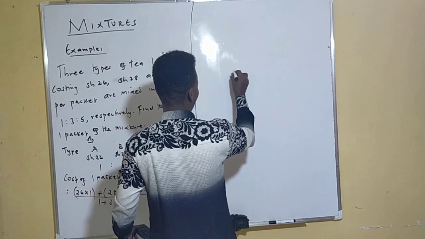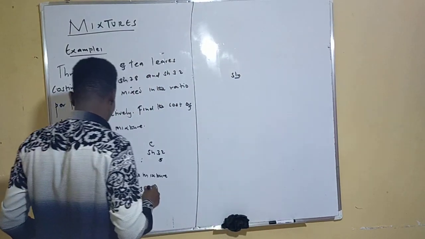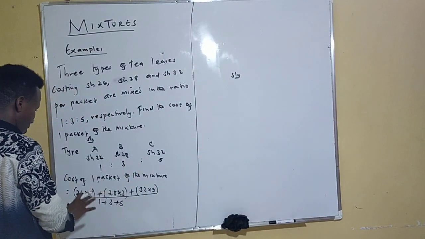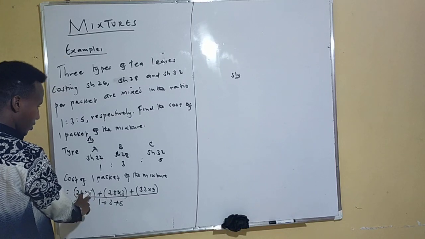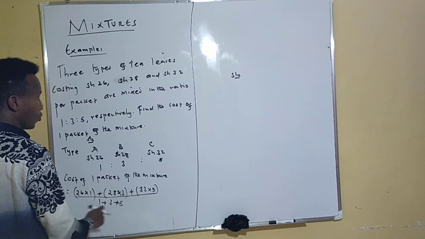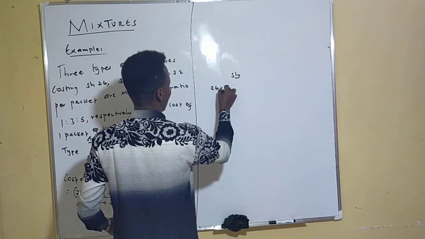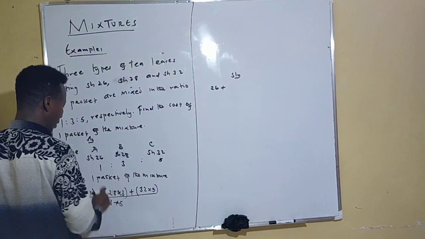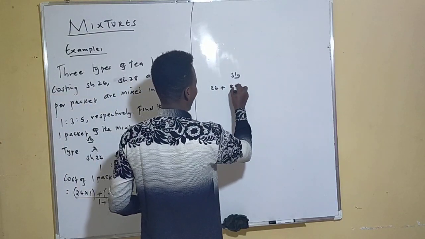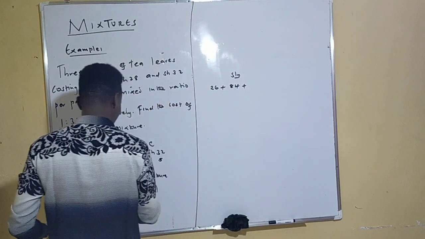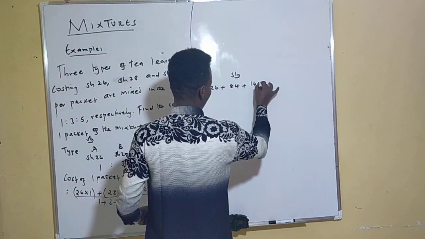Let's go with the solution here. We have 26 times 1 is 26, plus 28 times 3 is 84, plus 160.